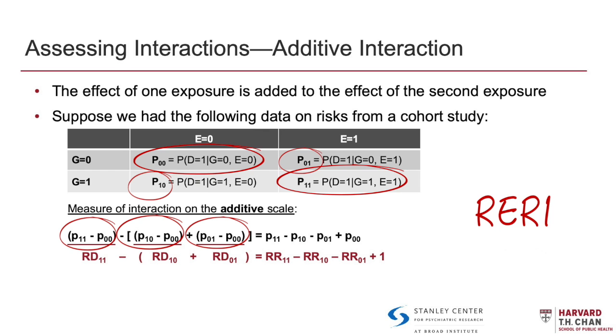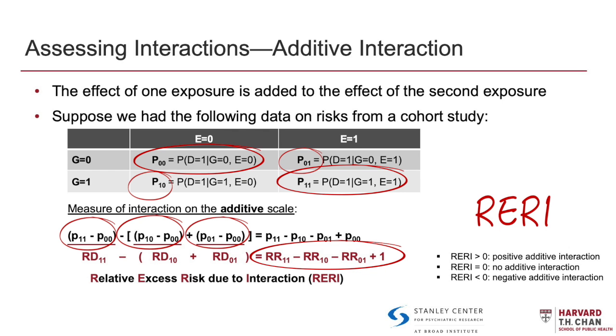So P11 minus P00 is the risk difference for the presence of both, and the others are the risk differences for the presence of either of the risk factors. When we simplify this, we get a nice formula where we take the risk difference when both exposures are jointly present minus the risk difference for each exposure.